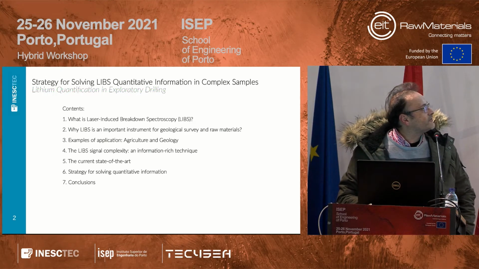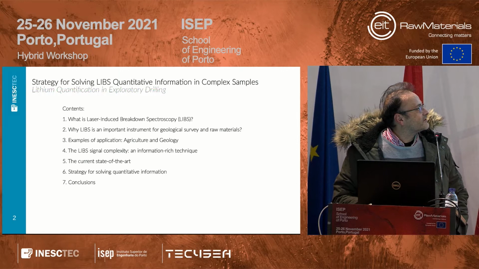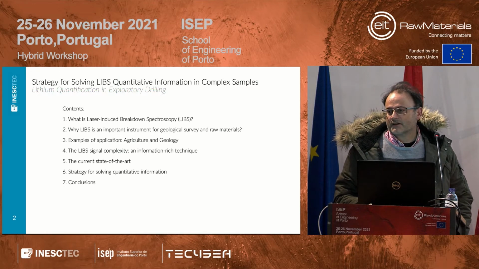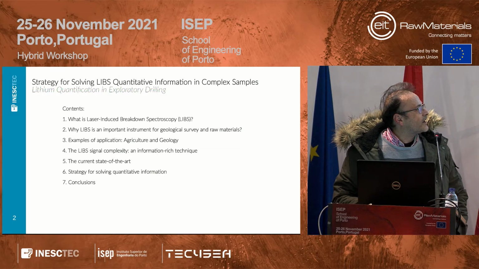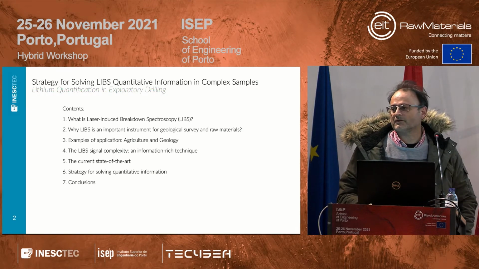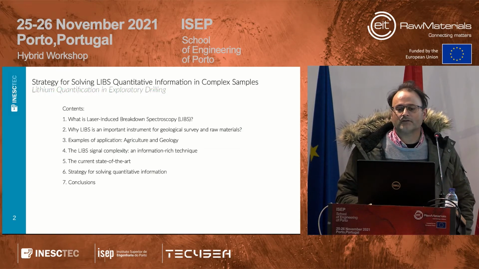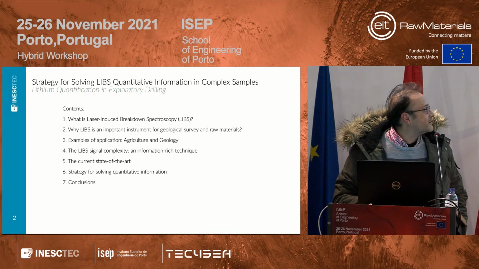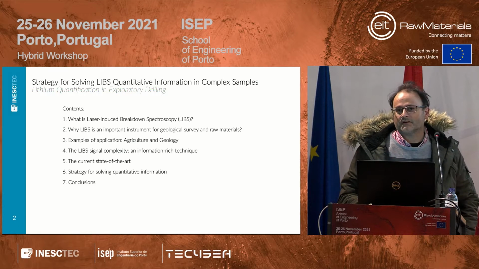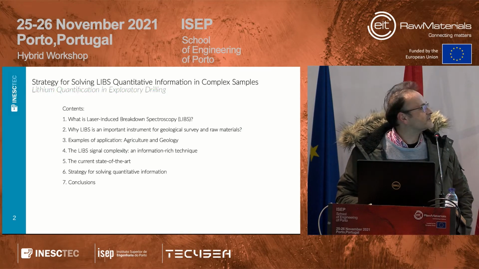We will review what the state-of-the-art has done until today, the strategies that we are using for solving this kind of complexity, and why we think our approach is correct to achieve quantitative LIBS. After that, we just wrap up the presentation with some conclusions.